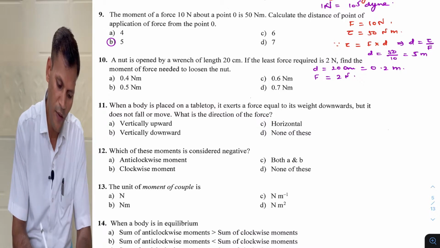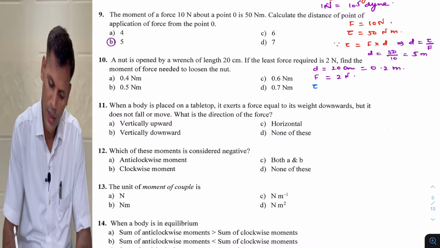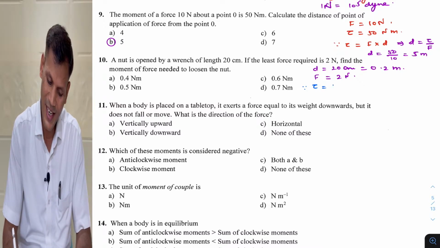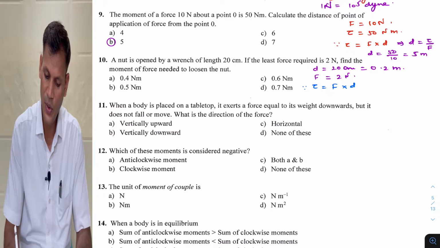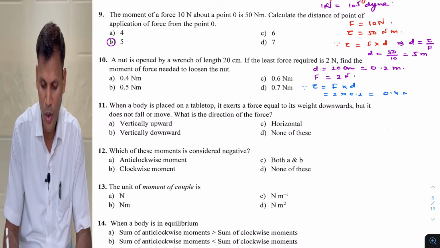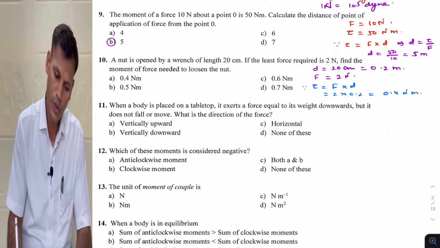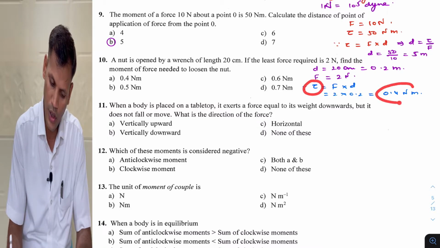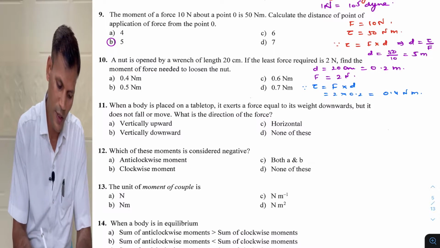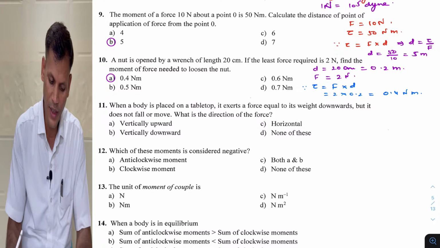The moment of force, since tau is torque, is moment of force, so it is F into D. So F is already given, 2 into 0.2, that will be 0.4 Newton meter. Moment of force is nothing but torque. So it is 0.4 Newton meter that we can have.